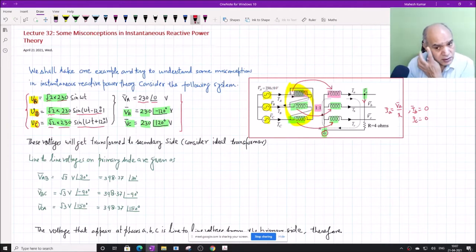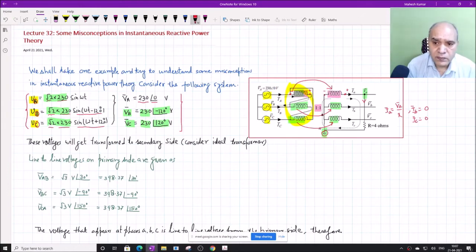So if you see this winding voltage, it will be transformed to this voltage, let us say minus plus. It means the line to line voltages on the primary are transformed as phase voltages on the secondary side. So first we will find the line to line voltages to get the phase voltages on the secondary side.